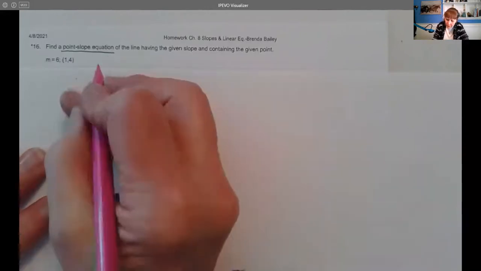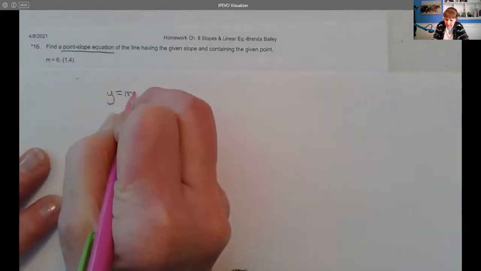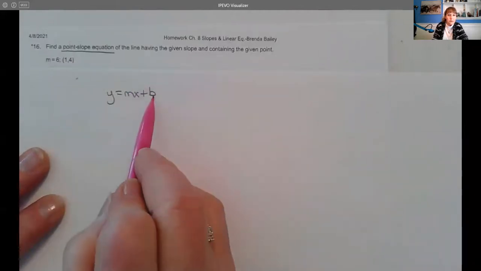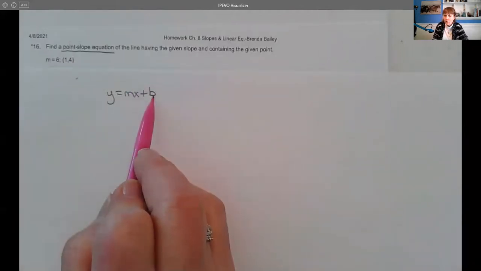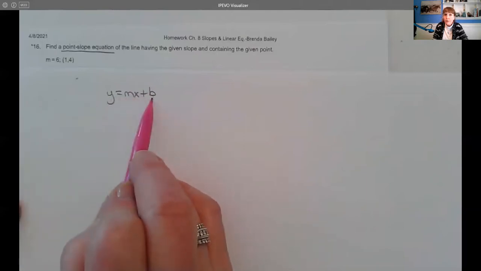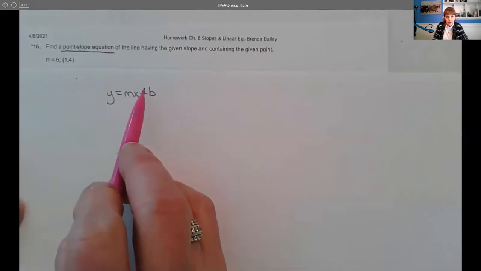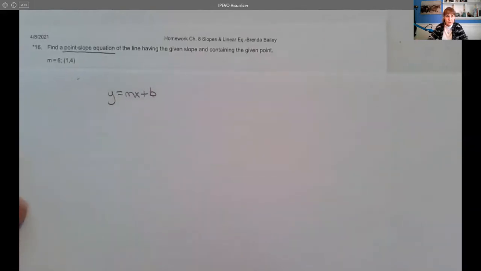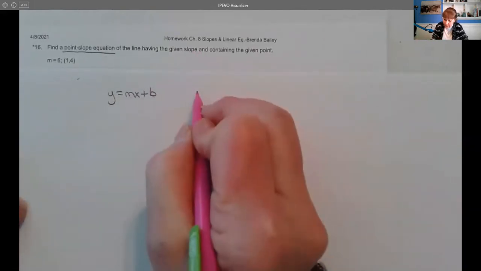So before we were using this, and the reason we were using this is we were given the y-intercept, like (0, 2), (0, 10), whatever, and we were given the slope. So we filled in this template, but there is another template that you can fill in depending upon the characteristics of the line that they give you. And the other one is this right here.